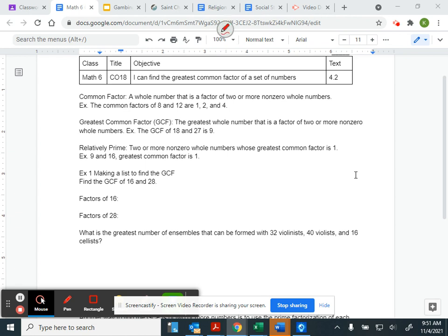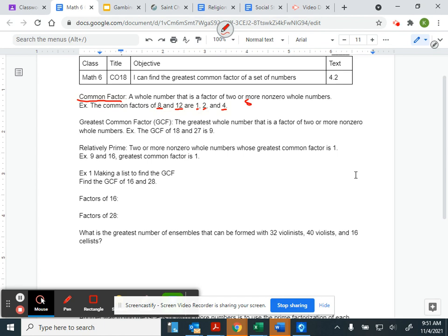A common factor is a whole number that is a factor of two or more non-zero whole numbers. The example of this, if we look at 8 and 12, their common factors are 1, 2, and 4.